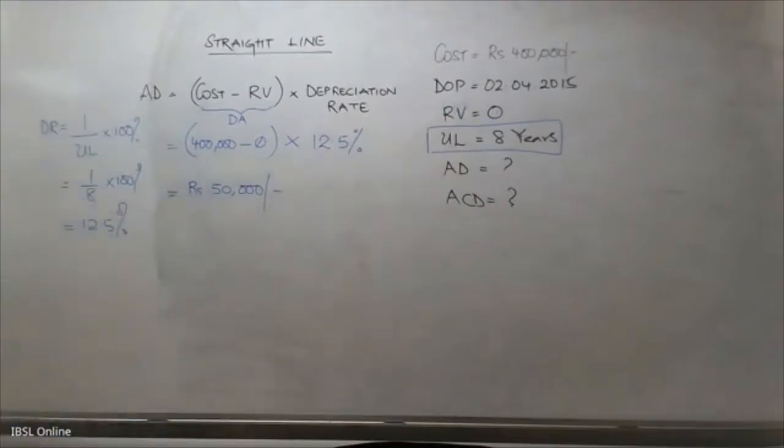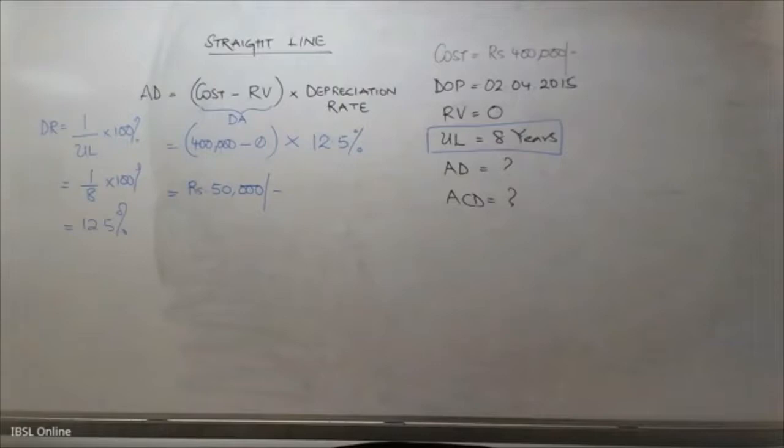We were required to calculate the depreciation at the rate of 12.5%. How will you calculate it? 1 upon useful life into 100%.